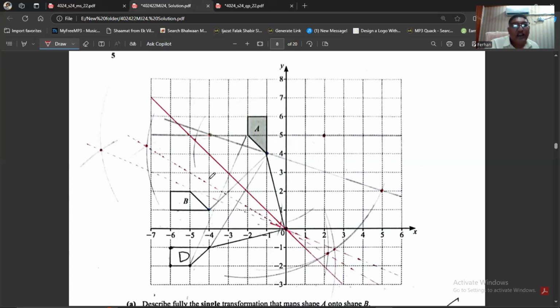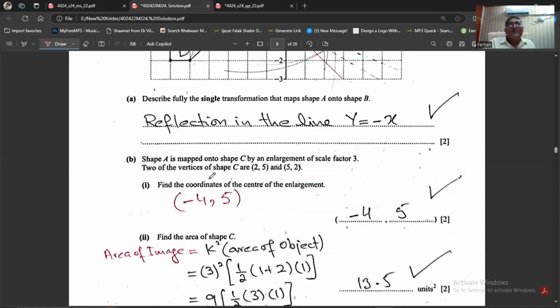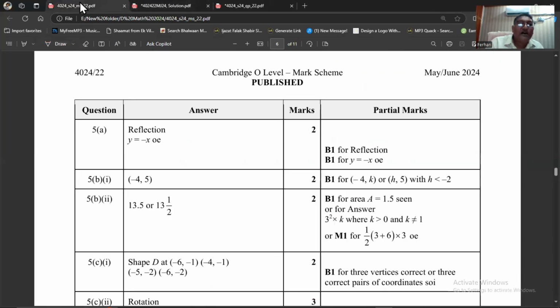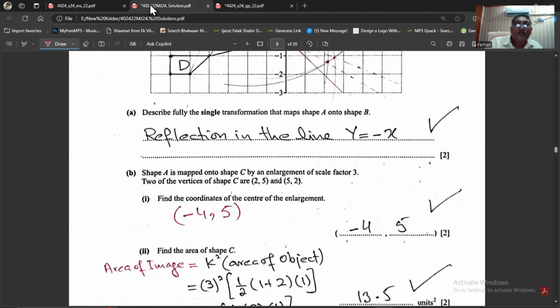So this point is (-4, 5). This is your center of the enlargement. I have written the answer. We did the construction on the diagram, and from there we know that the center of the enlargement is (-4, 5). Let's check the answer. (-4, 5) is the right answer. I hope you understand how we found that.